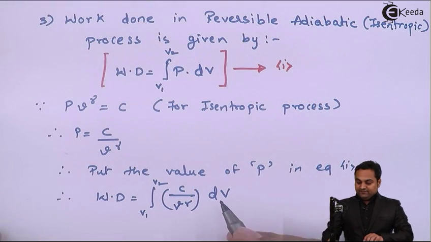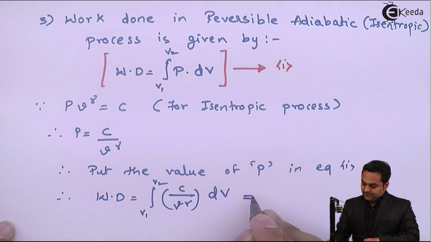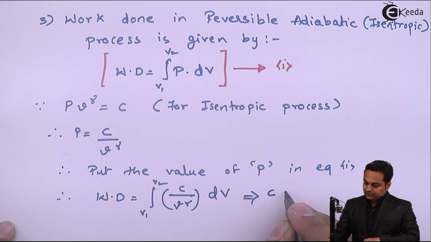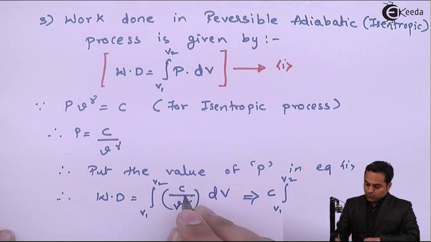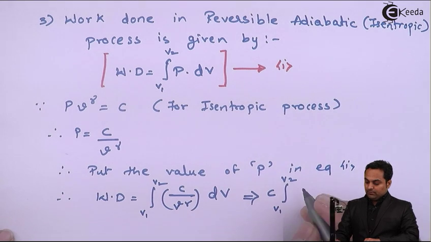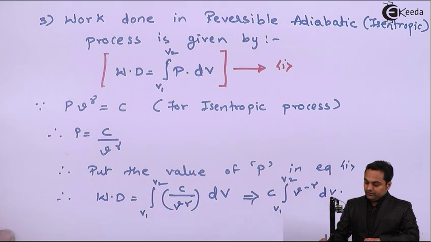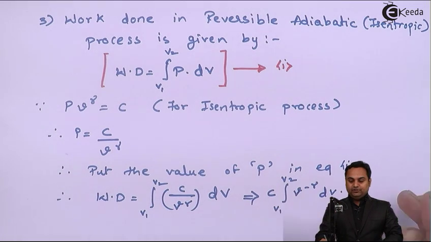Now after reaching at this stage, here I can take C, since it is constant, outside the integration sign. Here I have 1 upon V raised to gamma, which can be written as V raised to minus gamma into dV, integrating between V1 to V2.